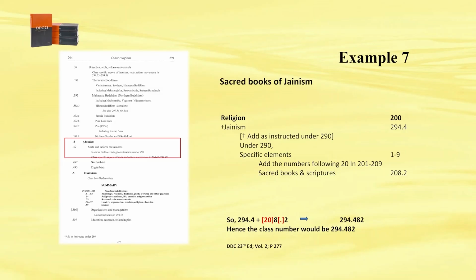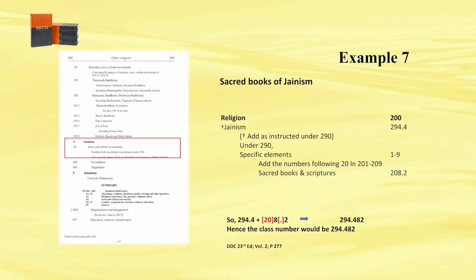There is another instruction there: add the number following 20 in 201 to 209. So under Jainism there is no direct number for sacred scriptures or books. So we have to go as per the instruction under 290. There we found an instruction to add the number following 20 in 201 to 209.